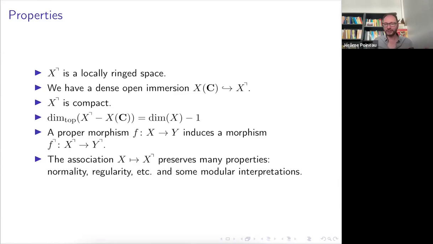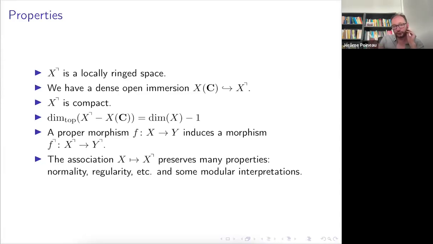Maybe it does not look so much like an analytification: you start from X, you have several copies of X of C, and you add something non-Archimedean, but still it's an analytification in the Berkovich setting. As such, it preserves a lot of properties, exactly as we are used to in the complex setting. If you start with a normal variety, the analytification is normal, same for regular, same for smooth, and so on. All of this will be preserved in my compactification.